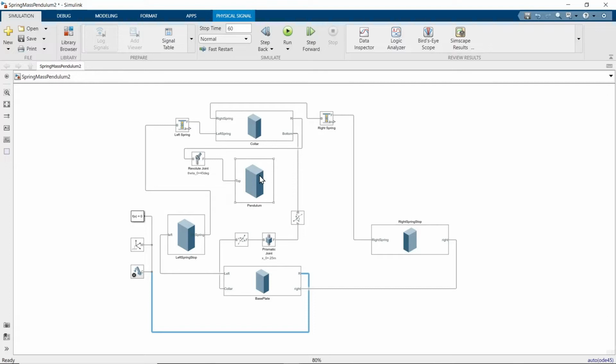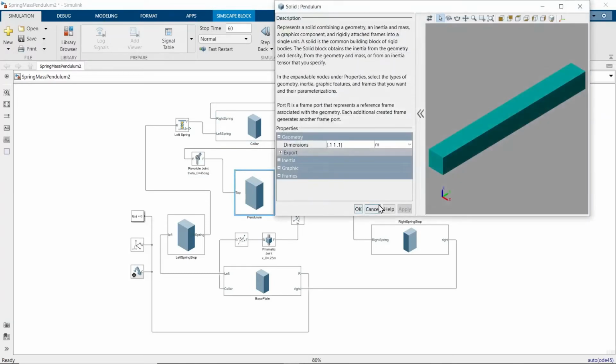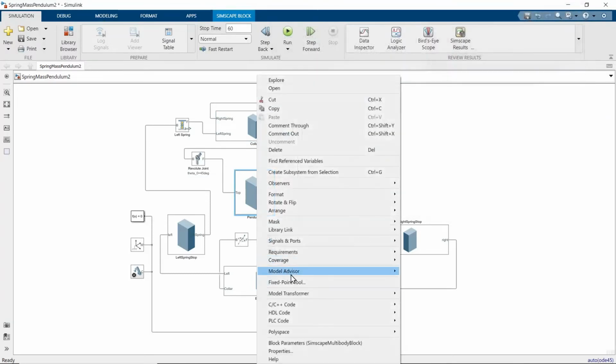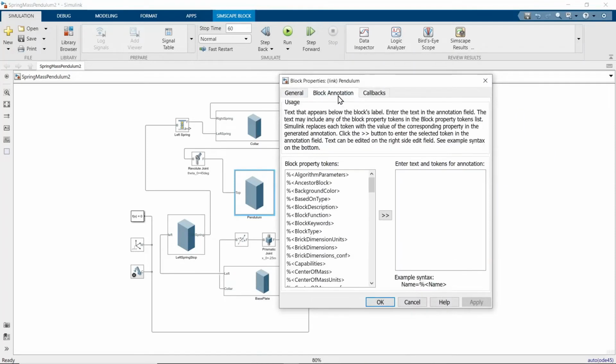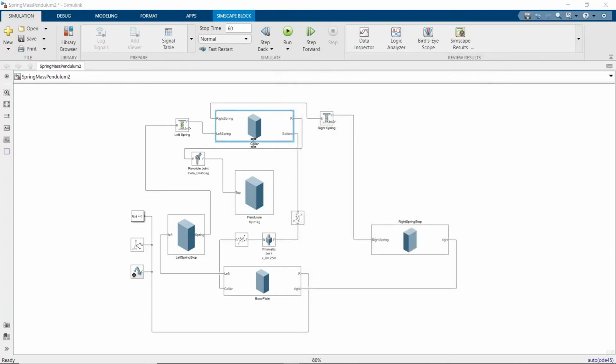Let's get the mass of the pendulum and the collar. It's going to be under properties, block annotation, mass and mass units, and we'll say mass pendulum. Apply, okay. And we need the mass of the collar too.